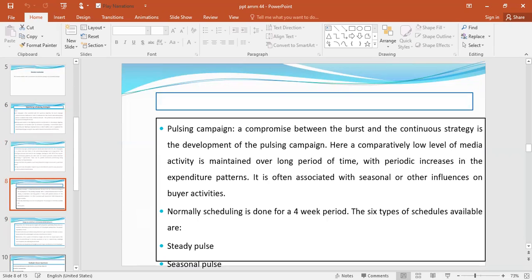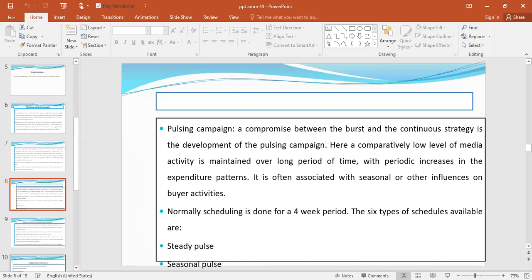Next, we have the pulsing campaign. A compromise between the burst and the continuous strategy is the development of the pulsing campaign. Here, a comparatively low level of media activity is maintained over a long period of time with periodic increases in the expenditure patterns.